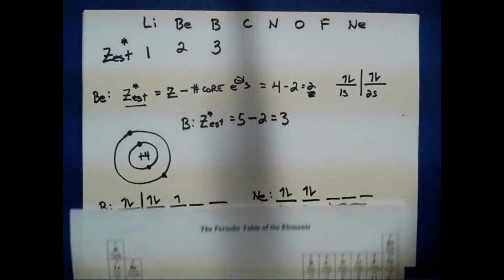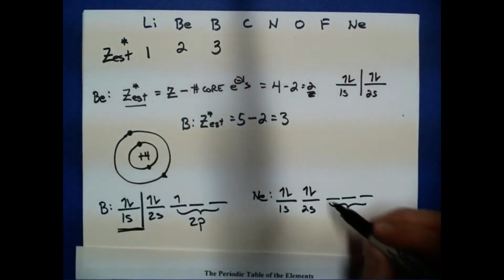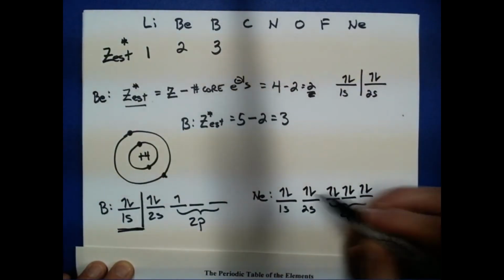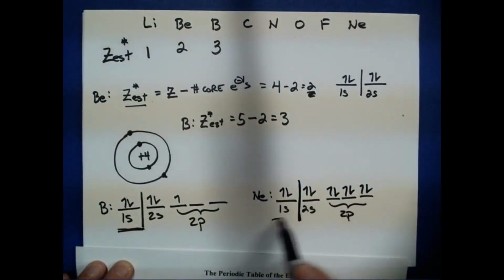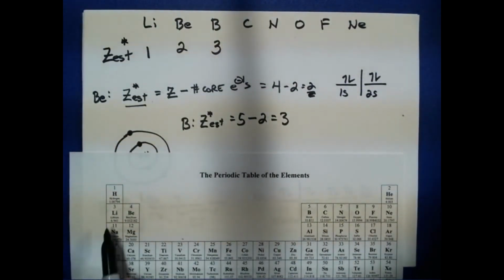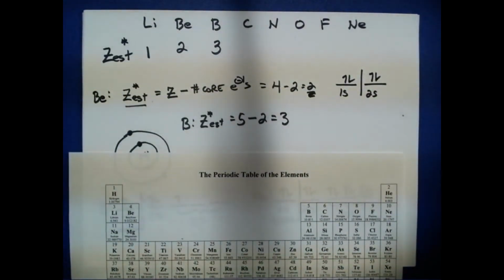So even all the way across this portion of the table, we still see that we just have 2 core electrons for all these elements across the second period.